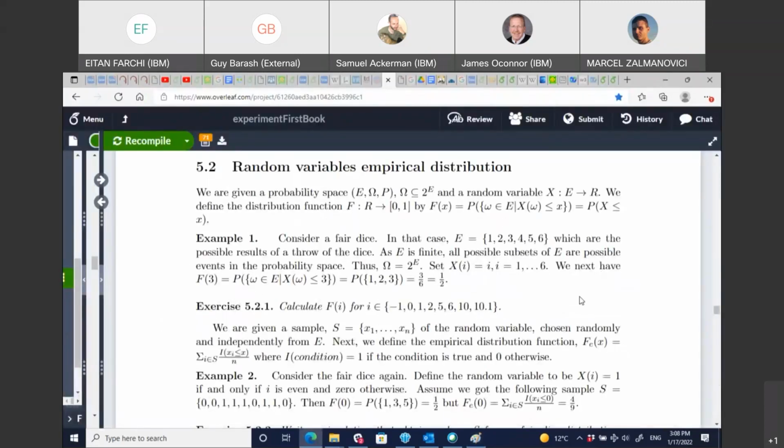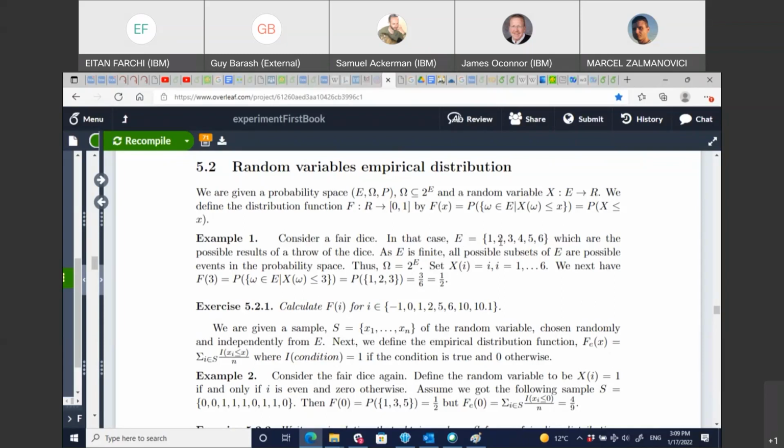And let me start off with some small things I'll do today that will get us started. So the first thing to understand is what do we mean exactly by a random variable. In order to do that, I give an example of a fair dice.